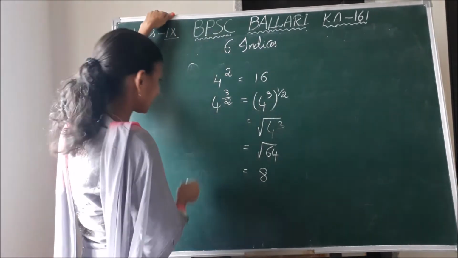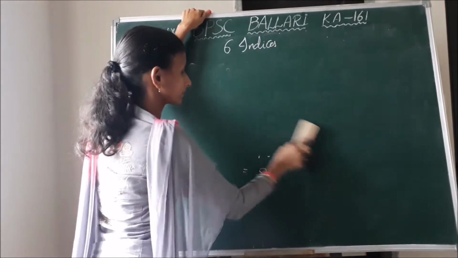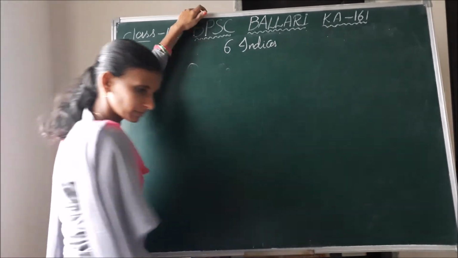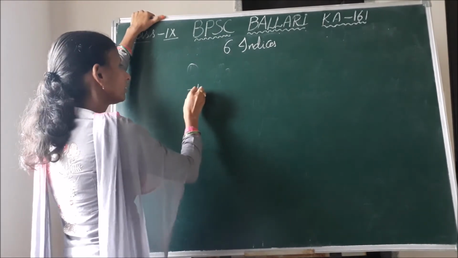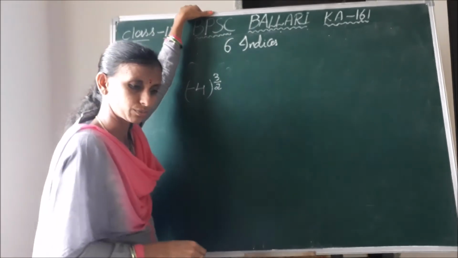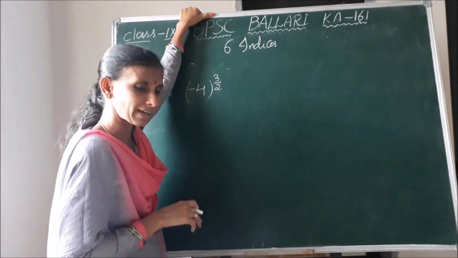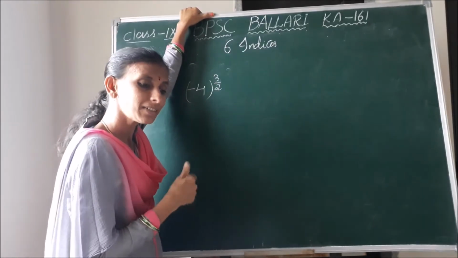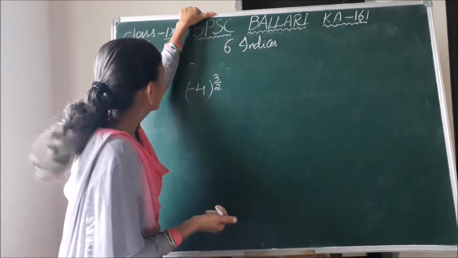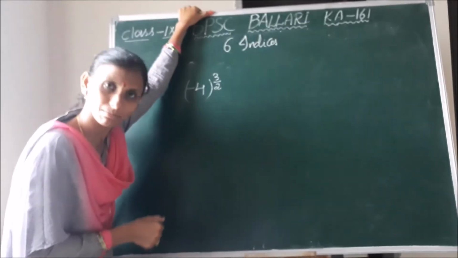Like that, one more example we shall take: minus 4 whole power 3 by 2. Now you see, the minus is inside the bracket, so the power will also be applicable to that minus.